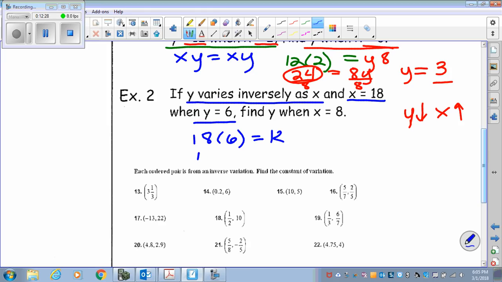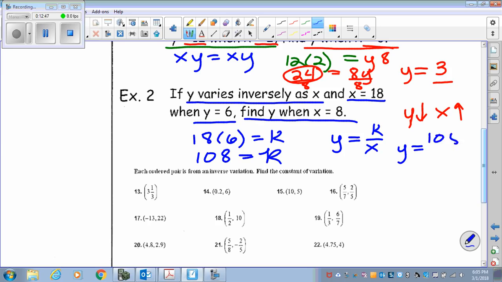All right, so that would be 108 is my constant. All right, and then we're trying to find y when x equals 8. So I have y, I'm trying to find, equals my constant over x, right? So y equals 108 over x.